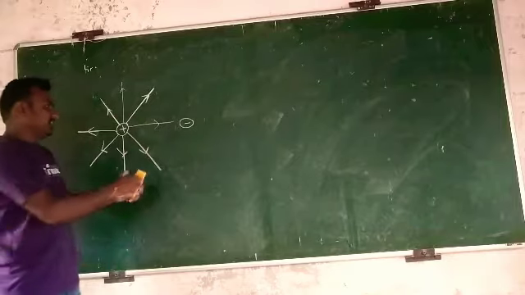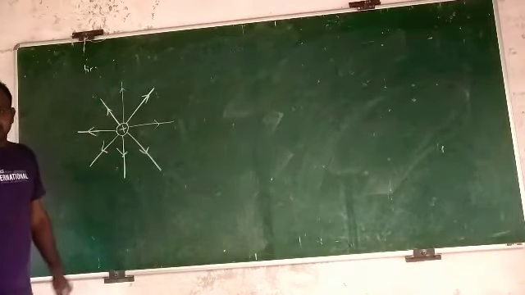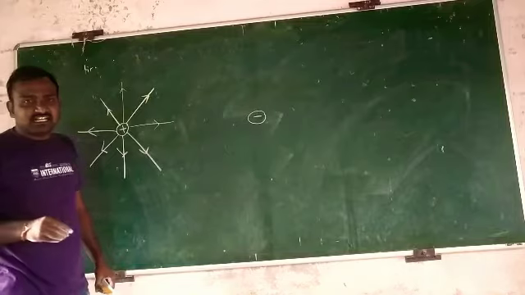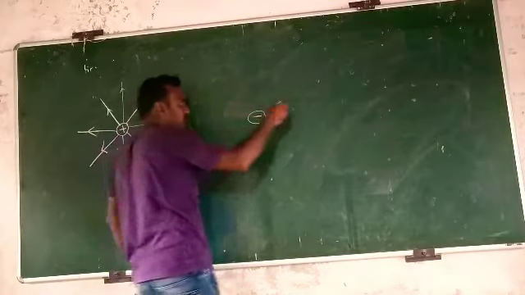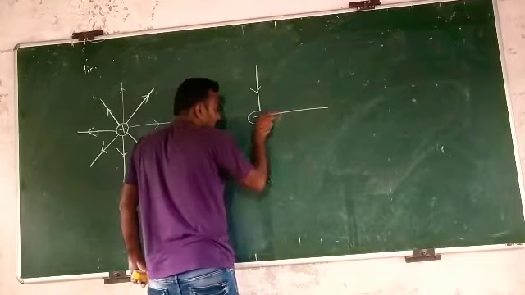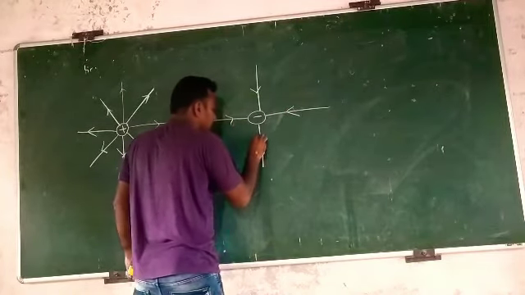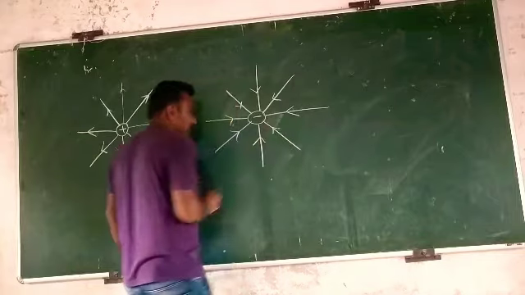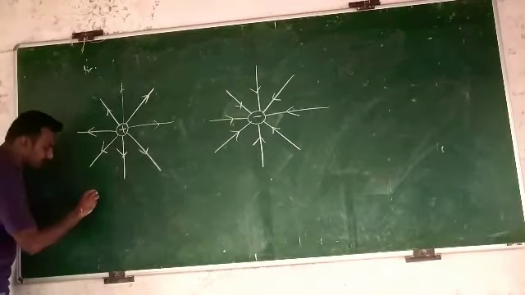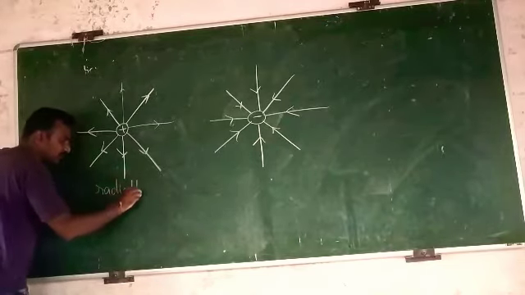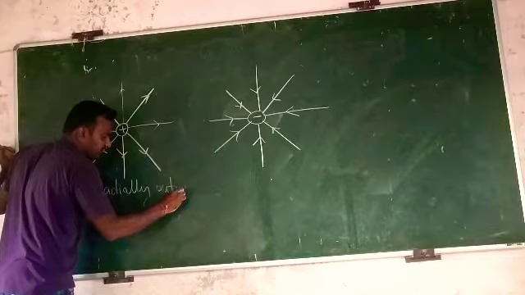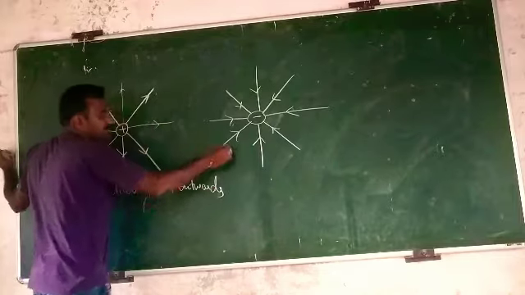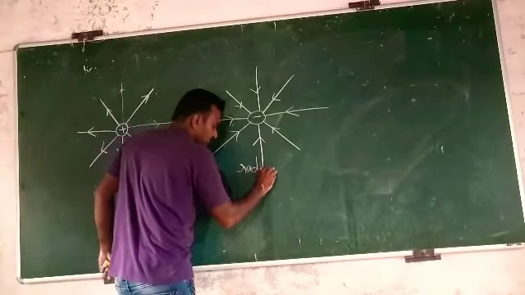Electric field lines are represented like this for a single positive charge. Similarly, if there is an ideal negative charge, the electric field lines are radially inwards. In an ideal positive charge, the electric field lines are radially outwards. Here they are radially inwards.